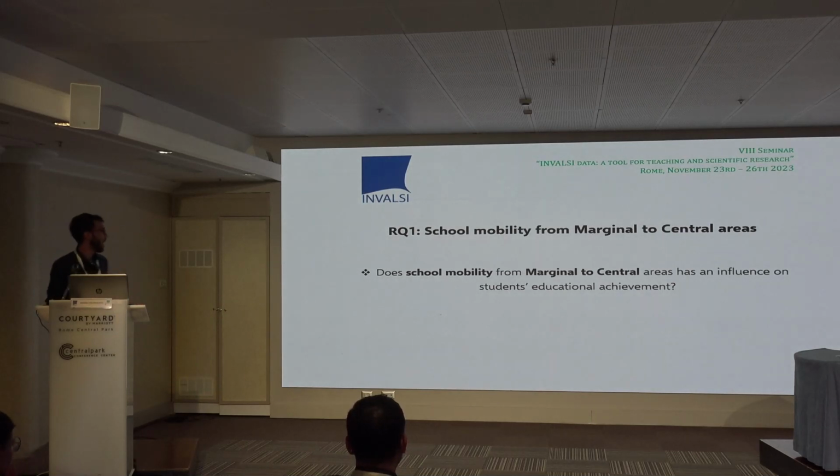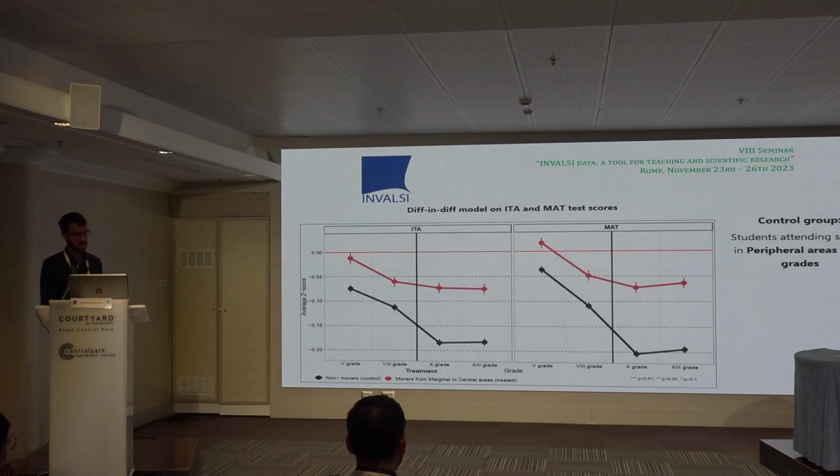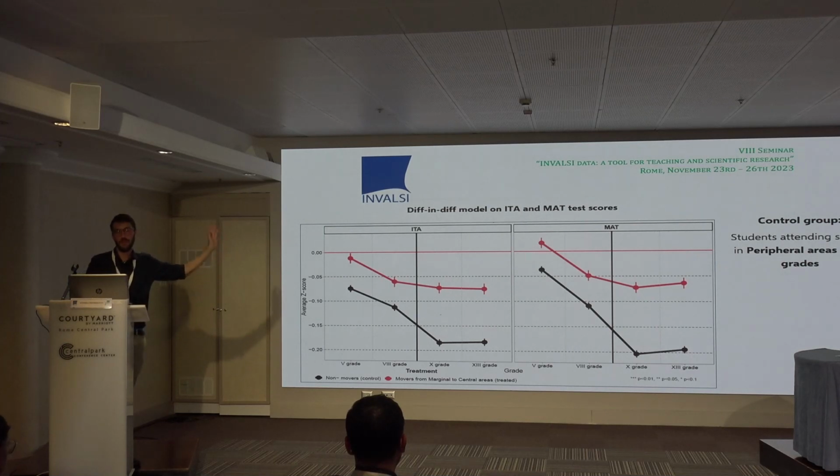The first question we asked is whether school mobility, so the effect of experiencing school mobility from marginal to central areas, has an influence on the achievement of the students as measured by the INVALSI test scores. Here are the results. On the left panel we have the results for Italian, on the right panel for math.